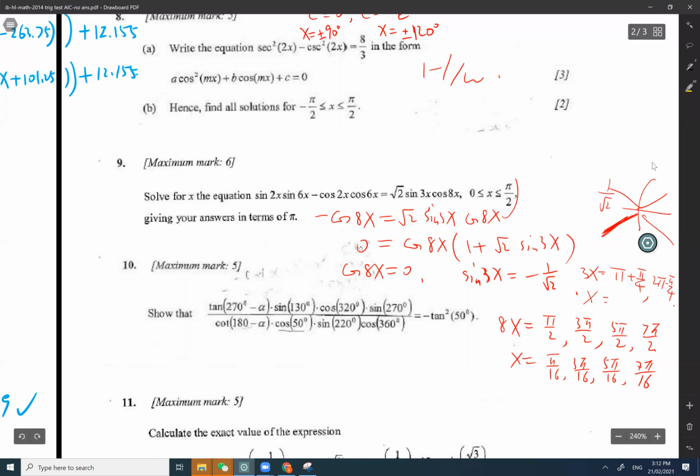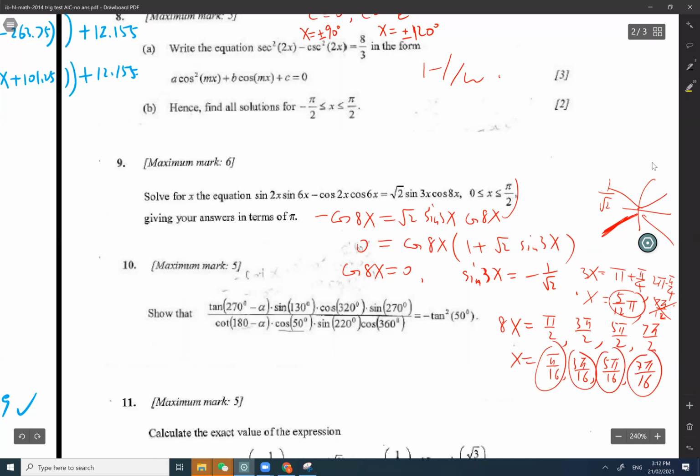This x equals 5 over 12 pi. The other one is bigger than half pi. The other one you got 7 pi over 12. That's too big. We need less than half pi. So that's the answer. Andrew got the same?